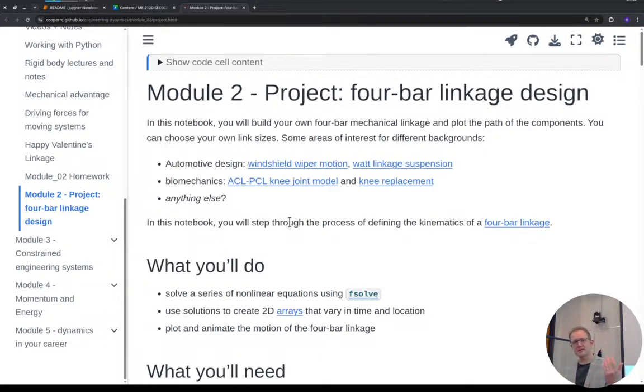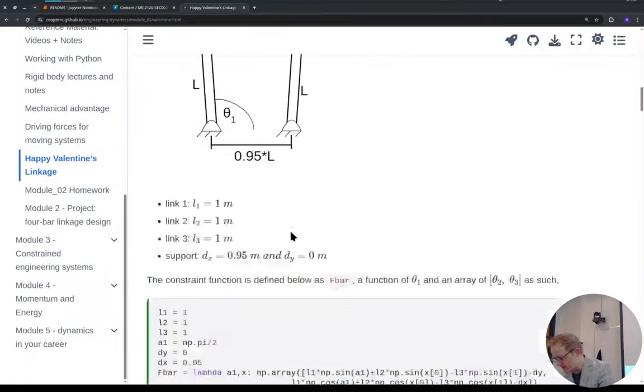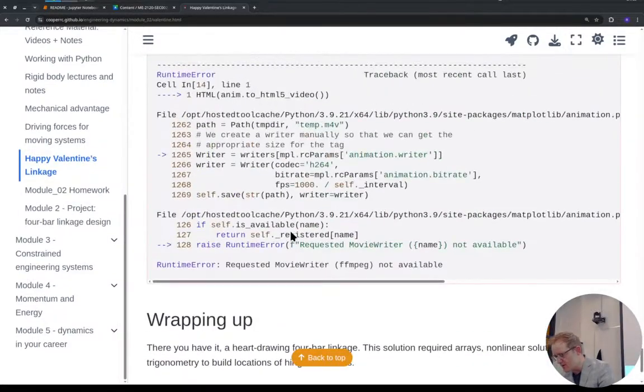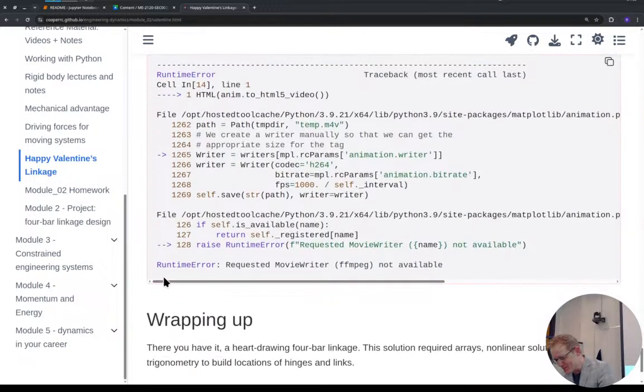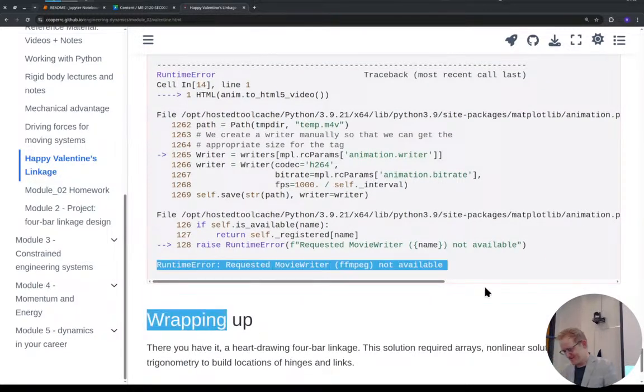So just some information about what 4-bar linkages are. There's even a Happy Valentine's linkage if you want to see it; I think the animation works now. Let's see. No, I thought I fixed it. I don't know why, when I push all this onto GitHub, it cannot find that ffmpeg function.